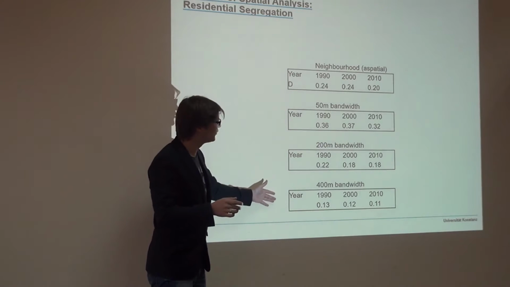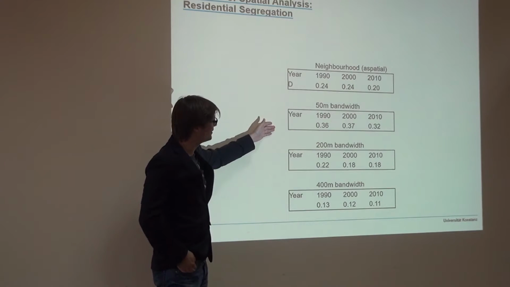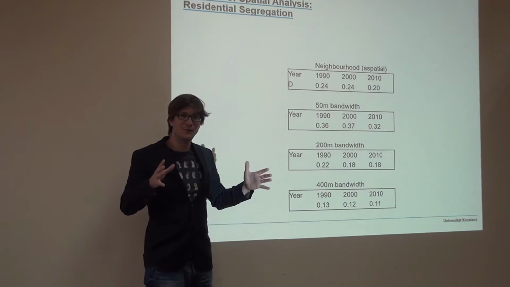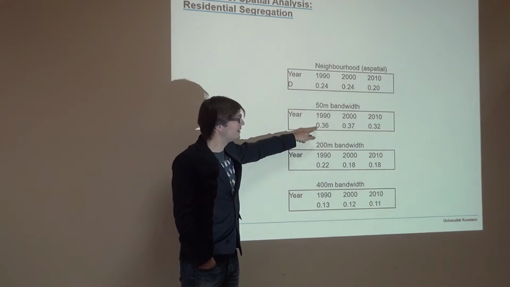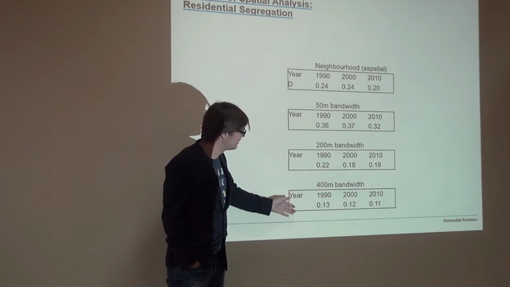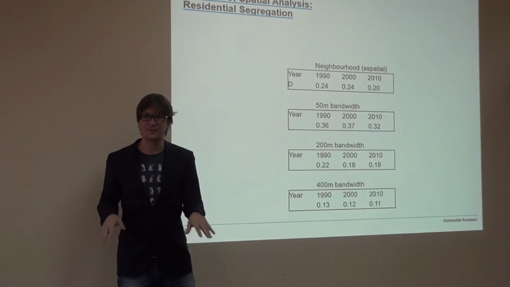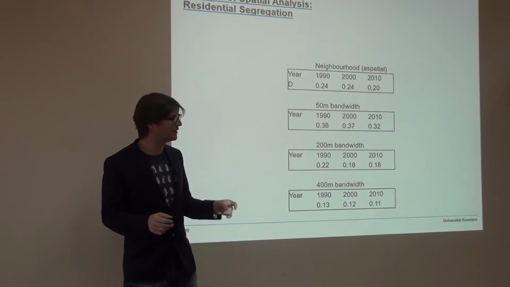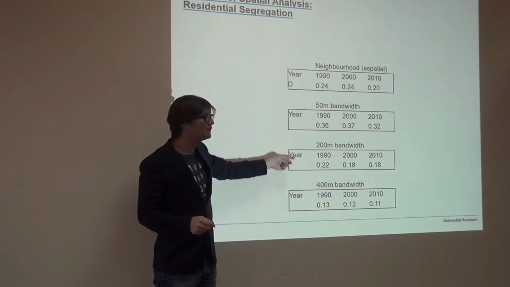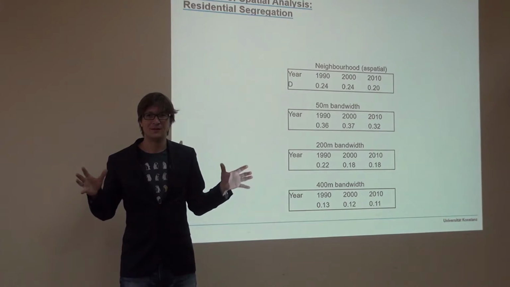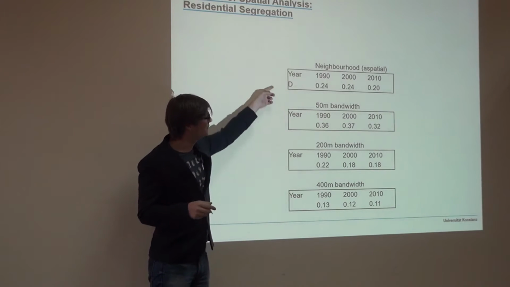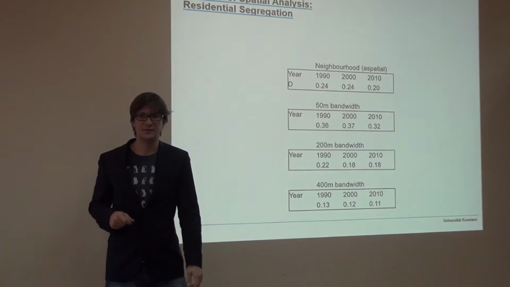And we tried to look at this, and we saw that with the 50 meter radius, so very small neighborhoods, there's quite high residential segregation, and when we enlarge this, the segregation index gets lower. This is pretty similar because these neighborhoods are roughly 200 or 400 meters in diameter, so this is more or less a replication of this, and this is the variation of this.